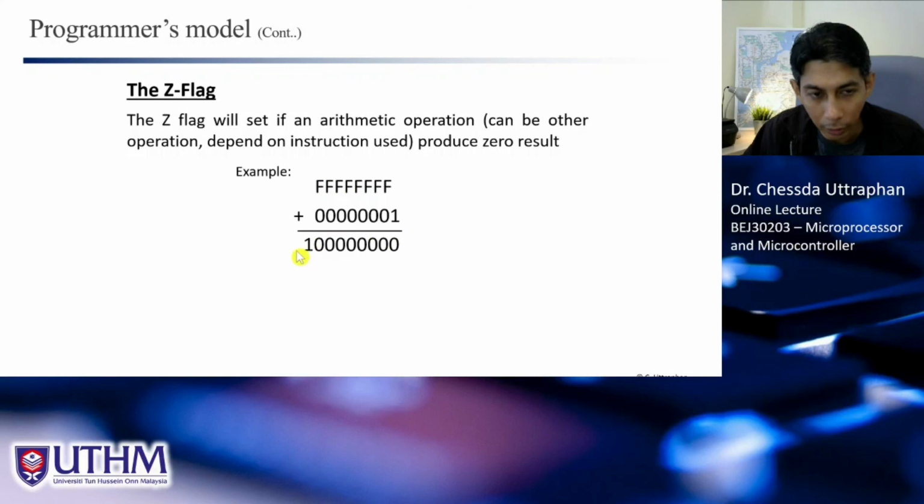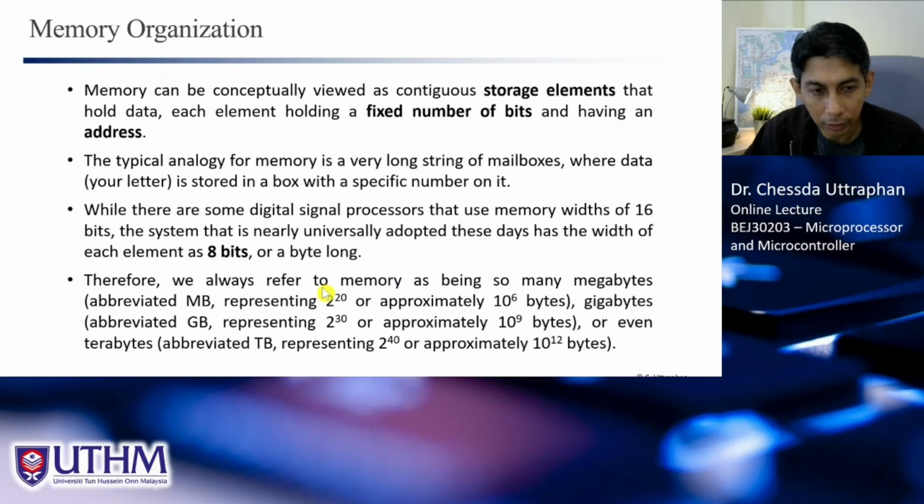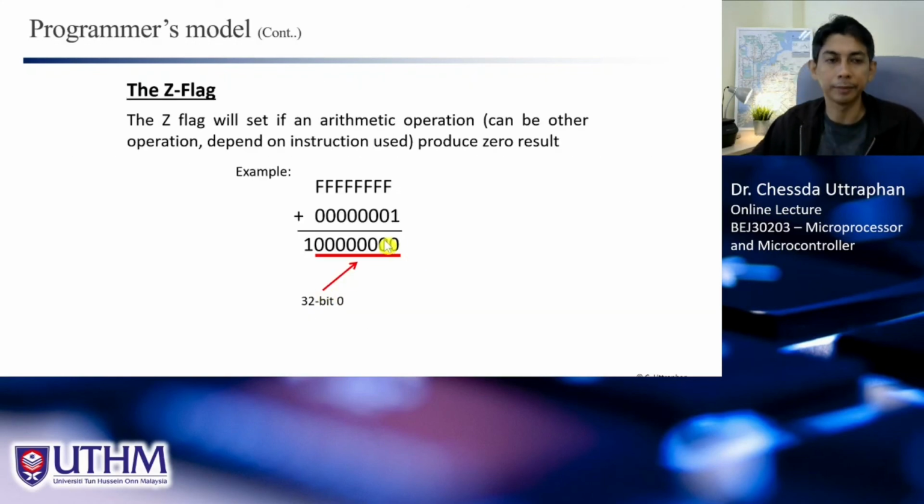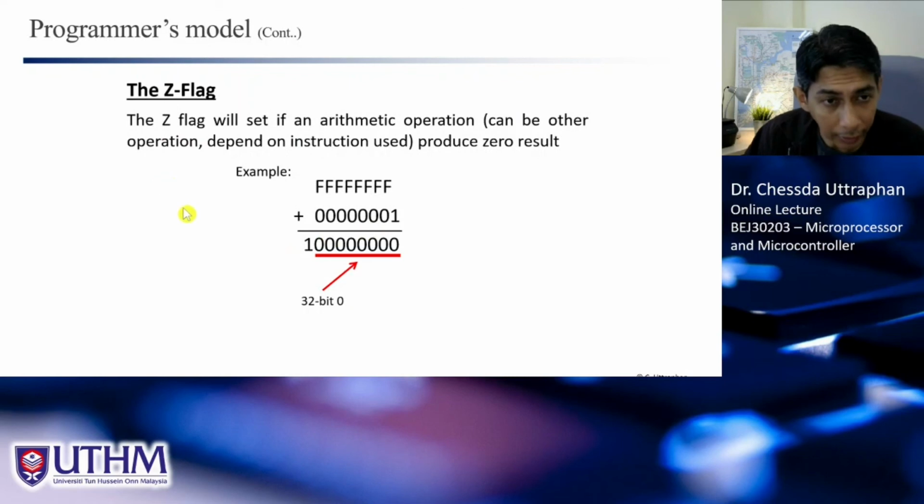Although we have a 1 here, this is not in the result, because our result must be 32-bit only. So the 32-bit result is all 0s. That's why Z equal to 1 here. All right, so that is the example.